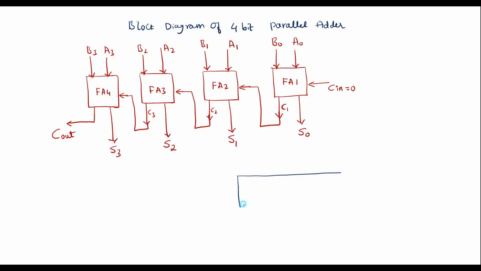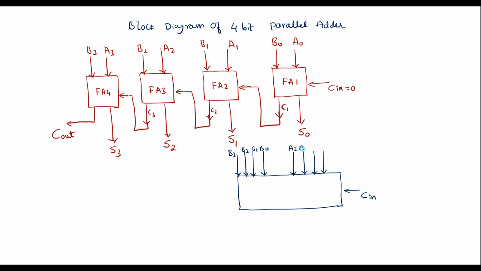So here we have the carry input for this, that is Cin, and it has 4 inputs. Say this is 4 inputs of A value and 4 inputs of B value. So this is B input, that is we have B3, B2, B1, B0.